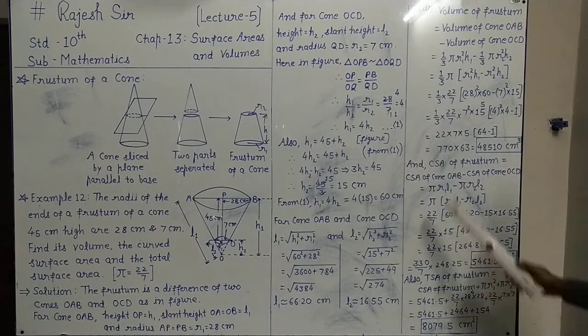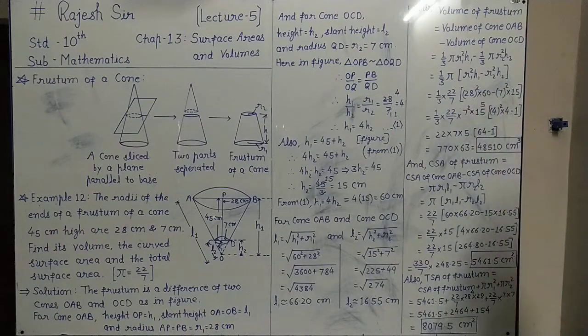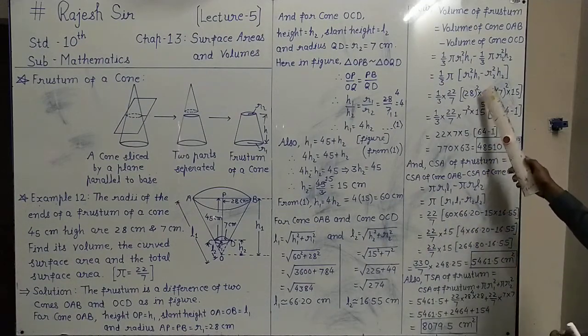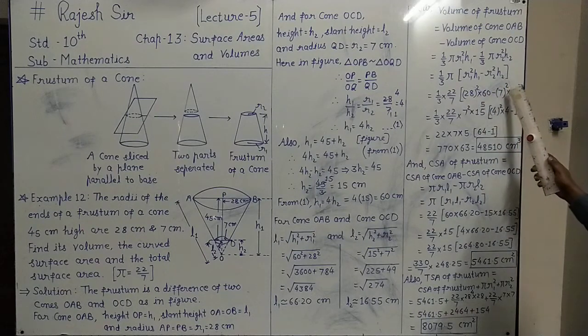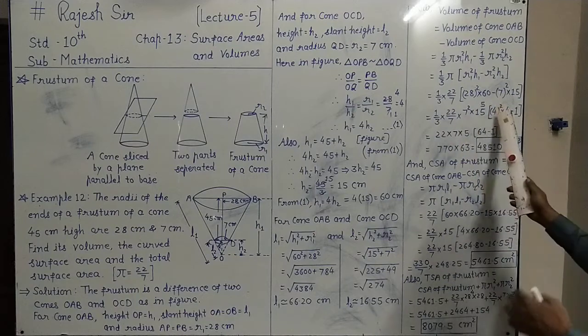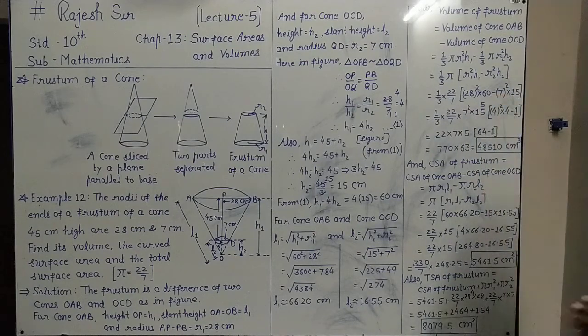Placing all the values: 1 upon 3, 22 upon 7, and 28 square can also be written as 7 into 4 square, that is 7 square into 4 square. So 28 square itself has 7 square, and here also 7 square. In both terms 7 square is common, so it is taken out. Similarly, 60 can be written as 15 into 4, since 15 fours are 60.